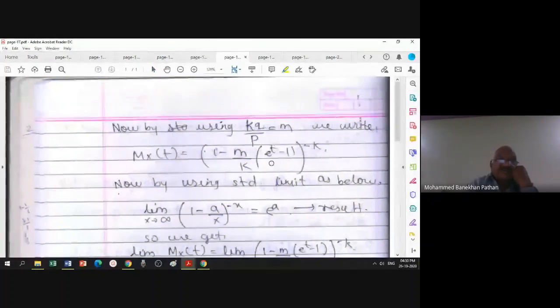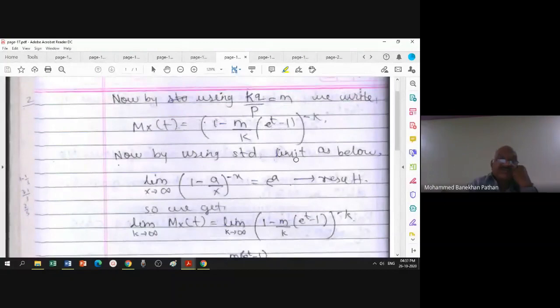Now, by using a standard limit to be remembered: limit x goes to infinity, 1 minus a by x, whole power minus x. Remember, here the power changes as well as the bracket value also changes, depending on x as a limit.